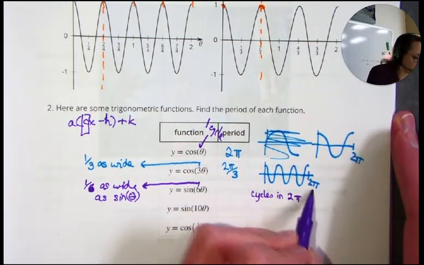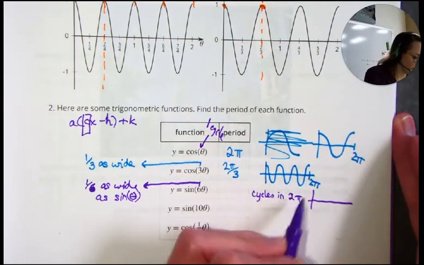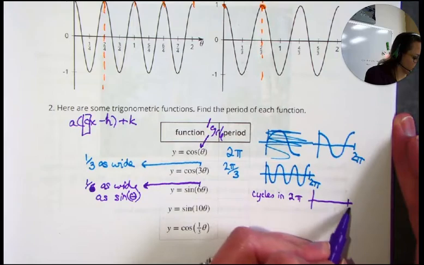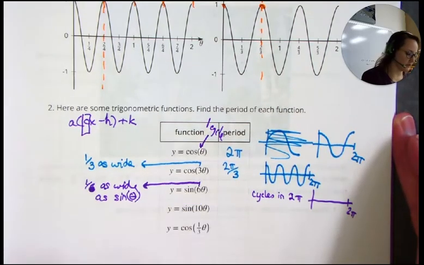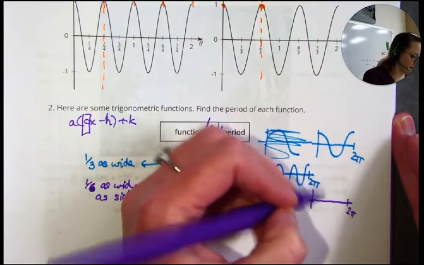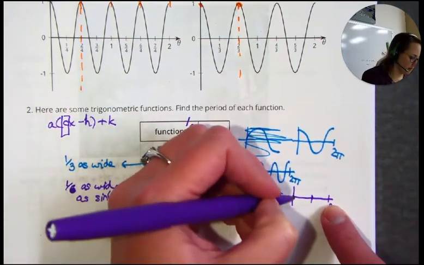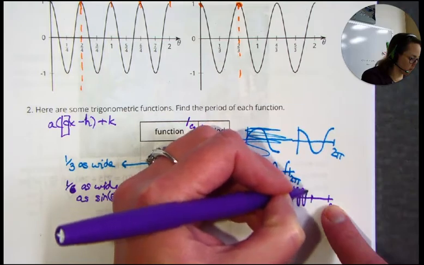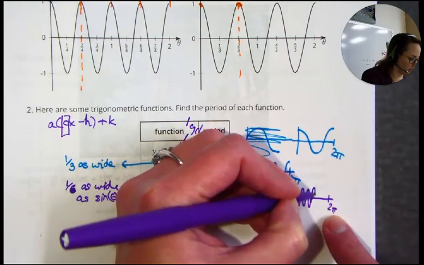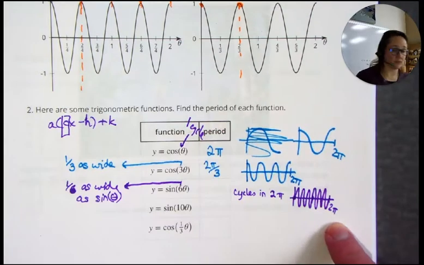And so in that same stretch, just like this one got 1/3 as small, going through 3 cycles in 2 pi, I don't even know if I can draw something this small. Now this is a sine function, so this is going to start at the origin. And I need to somehow get through 3 full cycles by here and 3 more cycles by there. So we're looking at like 1, 2, 3, 4, 5, 6 full cycles.